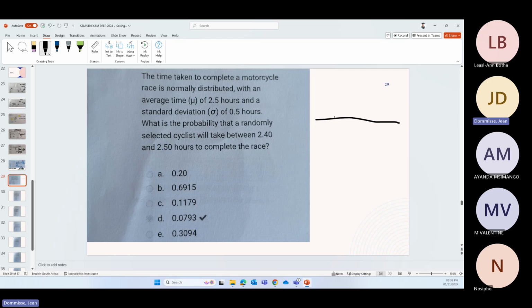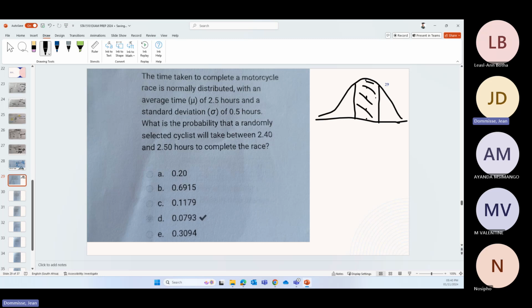Okay, so basically what they want us to work out is that, and I'm just drawing it now, but we can reassess when we get the numbers, between 2.4 and 2.5. So we need to get that probability.